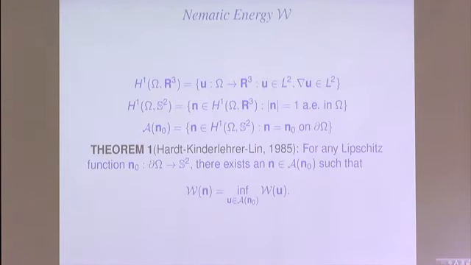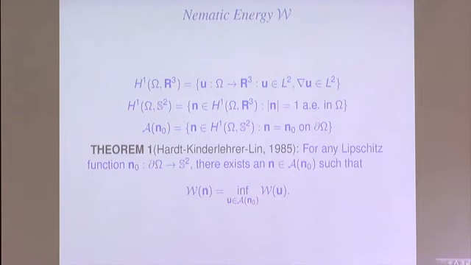Okay, now just a brief look at some analysis that has been done for nematic energies and Oseen-Frank energies. It was studied by Hardt, Kinderlehrer, and Lin, 1986. They proved for any Lipschitz boundary conditions for n, there exist minimizers.